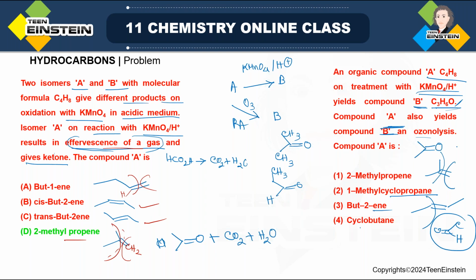From one side you get acetone, from the other side you get formaldehyde. But both times you are getting acetone, which is basically C3H6O. So only in this case, 2-methylpropene, both the conditions are fulfilled. So that is why this should be the correct answer. Okay. So we will end the session here. Thank you for listening.